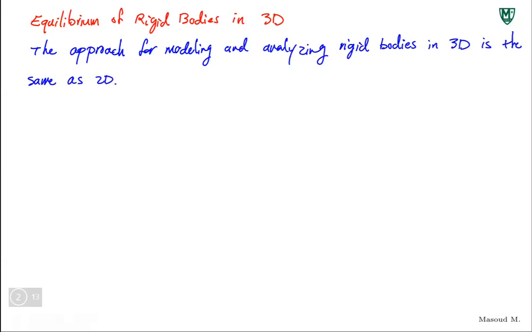That's pretty much it. So what we do is that we draw a free body diagram, depending on which part of the rigid body or which specific rigid body we are interested in within a system.